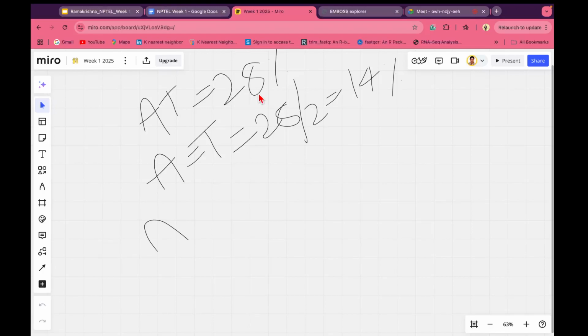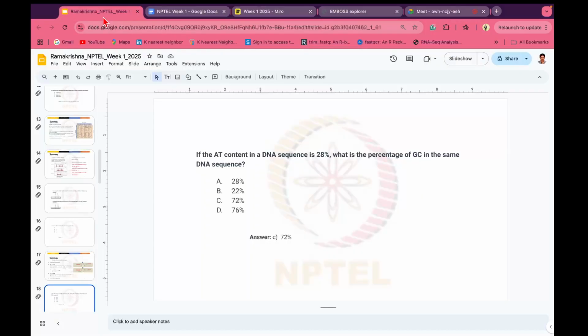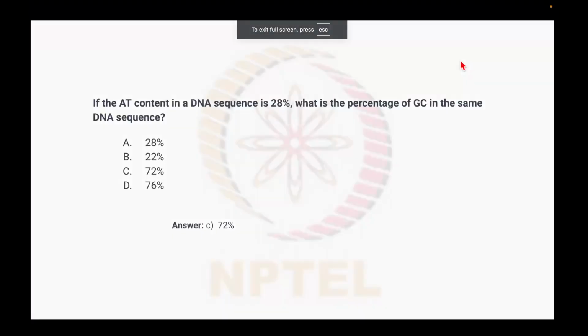And we also know DNA is made up of only ATGC, which forms 100%. So GC content will be 100 minus 28, which equals 72. Moving forward, I have one more similar question. It is 72.